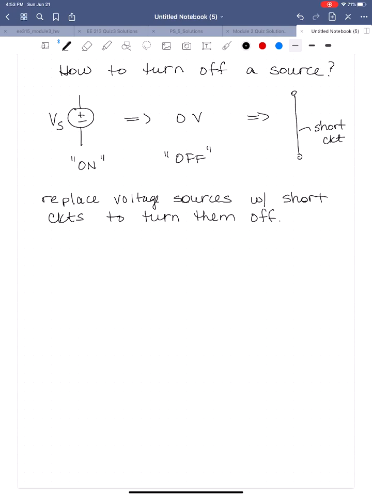Okay, so when we have a voltage source, we need to turn it off. We're just going to replace it with a short circuit. Okay, so a current source. Here's our current source, IS. In this state, it's on. When it's off, we want it to look like 0 amps, right?